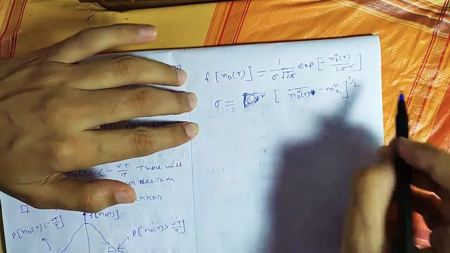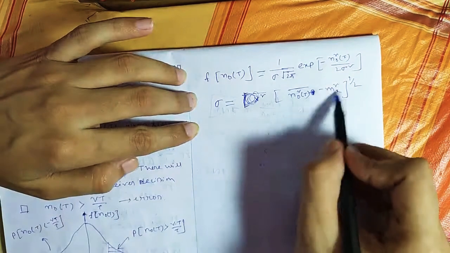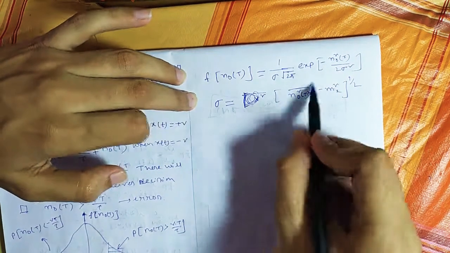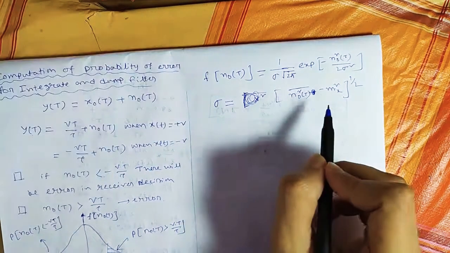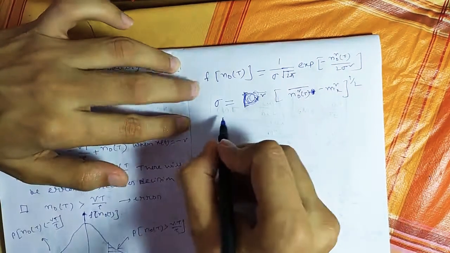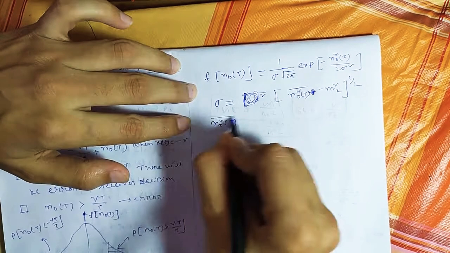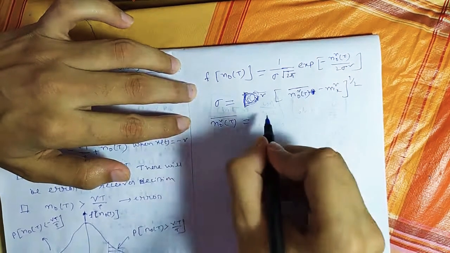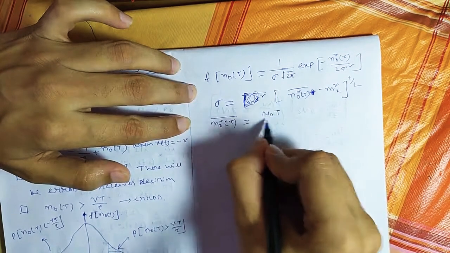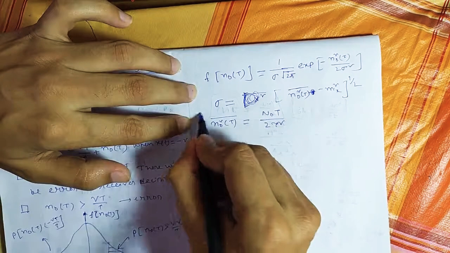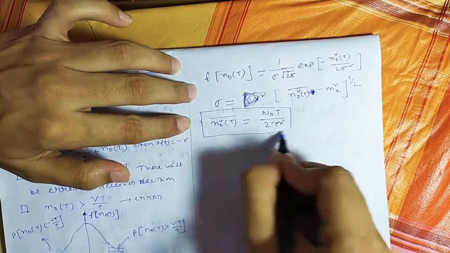We already know that the mean value of the noise is 0, and the mean square value of the noise, n0 square(t) average, equals n0(t) divided by 2 tau square. We already determined this part.